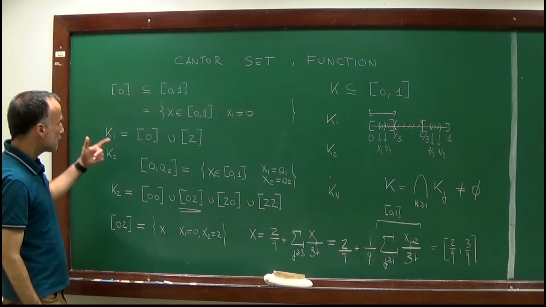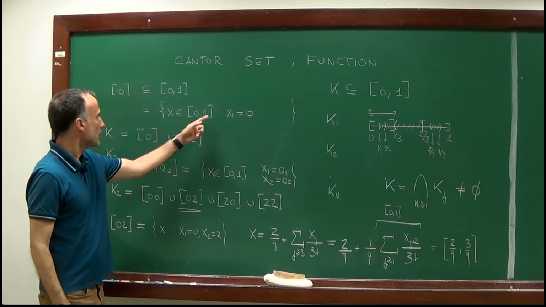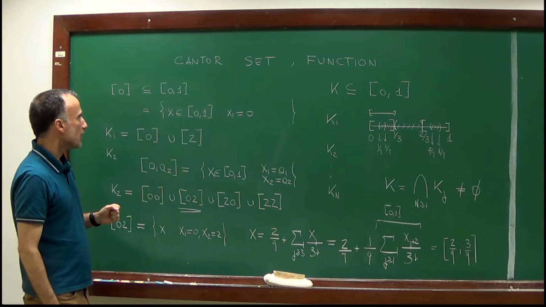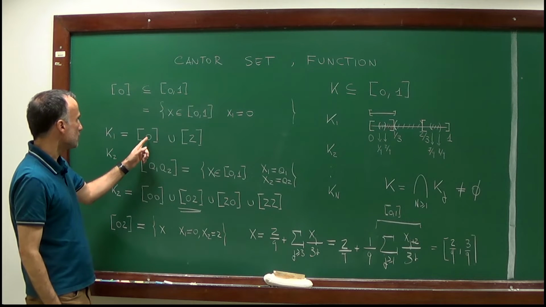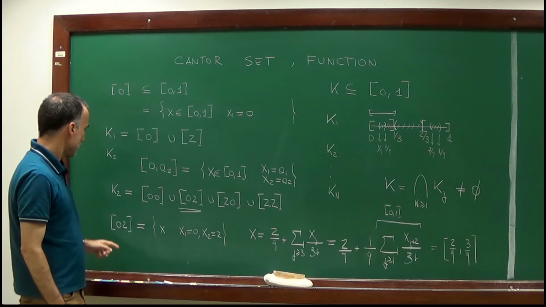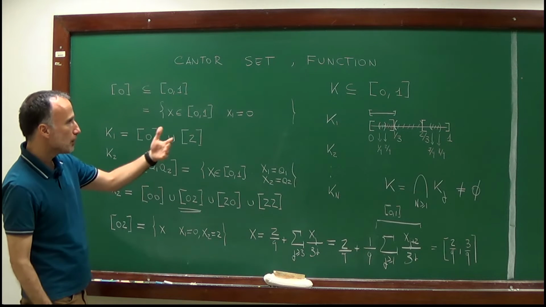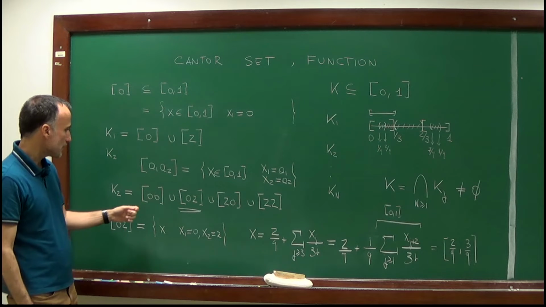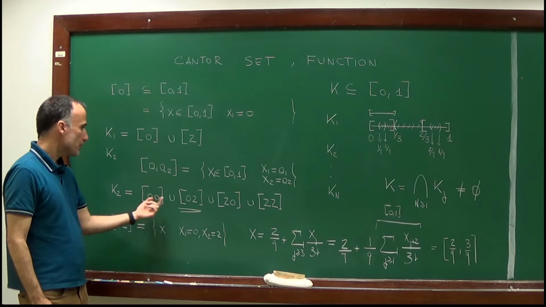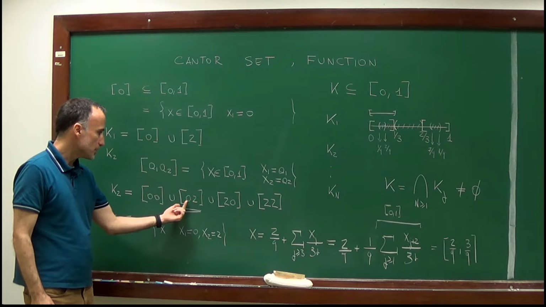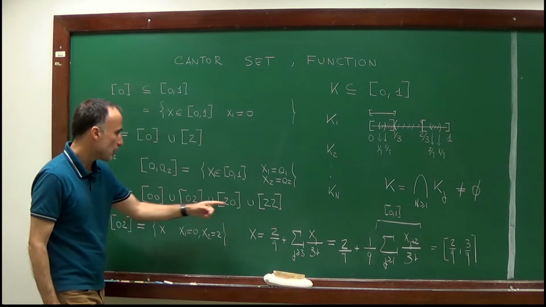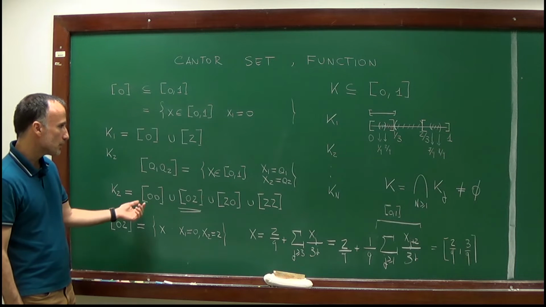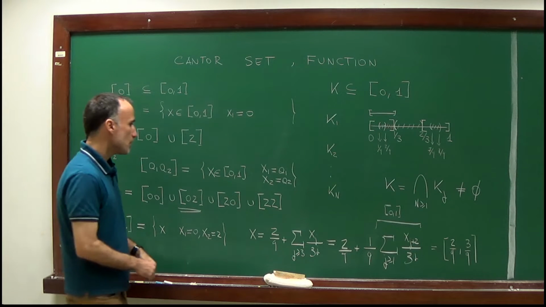So you see that K1 is formed by all numbers whose expansion in base 3 starts with a 0 or 2, while K2 will be formed by all numbers of the interval [0, 1] whose base 3 expansion starts with only the digits 0 and 2. So here are all possible combinations you can get with playing with the digits 0, 2.